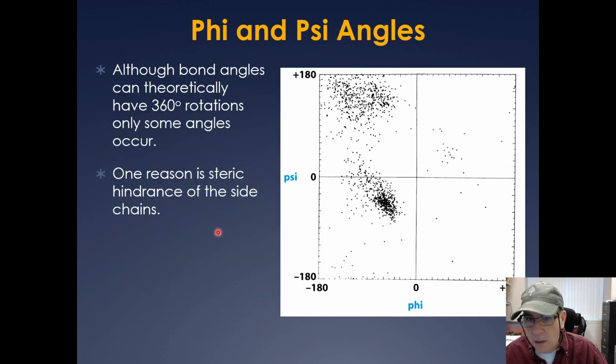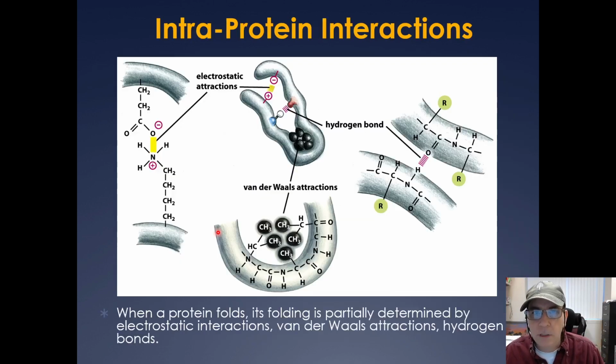Another reason is that there are also intra-protein interactions. Electrostatic interactions are going to want to come together to help neutralize themselves. Hydrogen bonding within a protein is also very favorable. And then you're also going to have hydrophobic interactions, or van der Waals interactions, where you're going to get tight packing of hydrophobic molecules, or as tight as it goes.